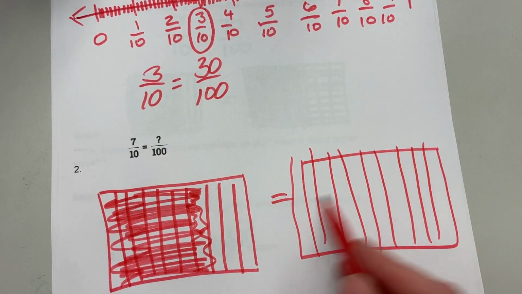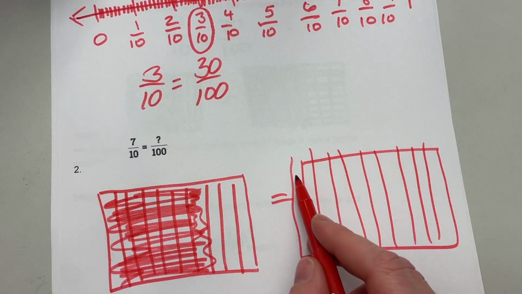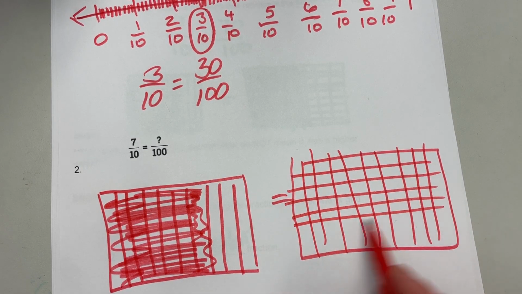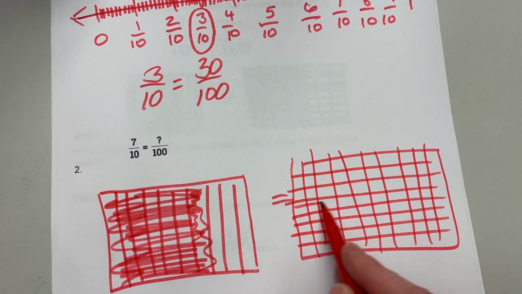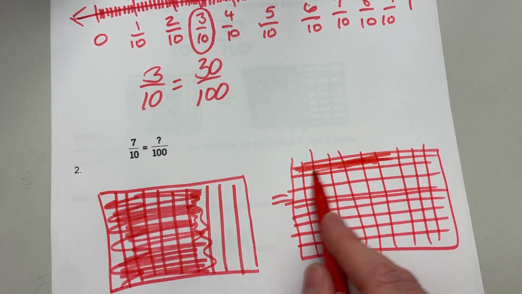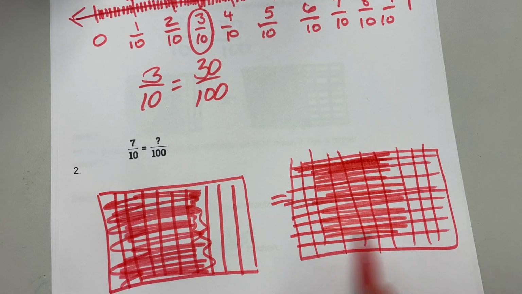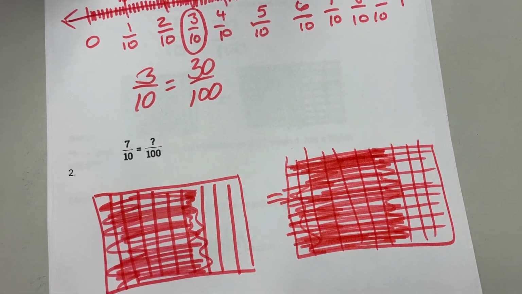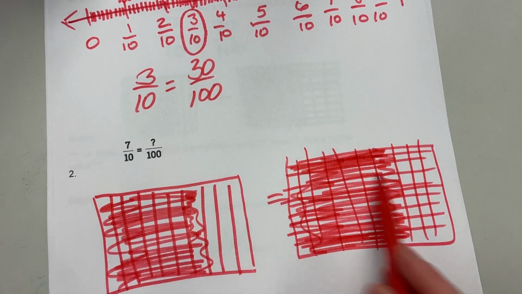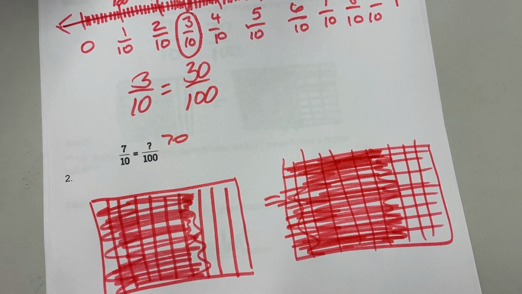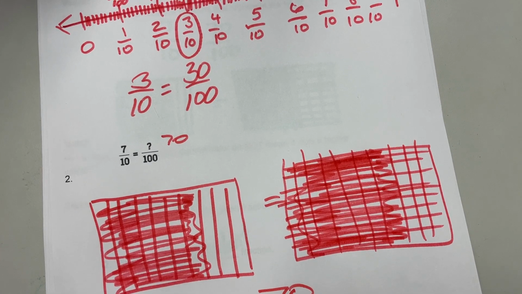I need to just draw lines going the other direction to get to 100, and I need to do 10 of them. 1, 2, 3, 4, 5, 6, 7, 8, 9. Okay, and then I need to shade in 70 of them. So now I see that 70 is the equivalent number. So 7/10 is equal to 70 hundredths.